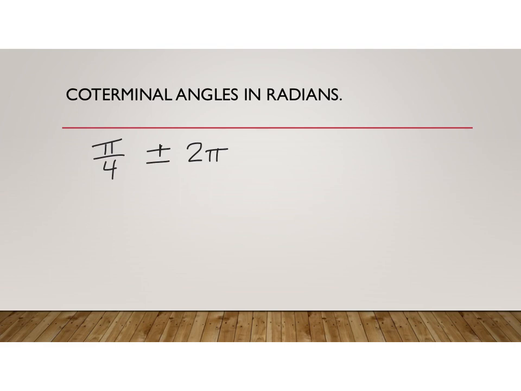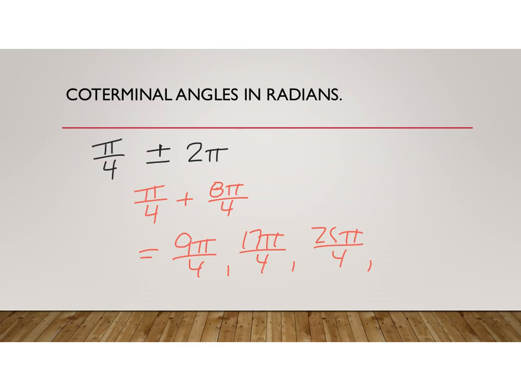But remember that to add fractions, you need to have a common denominator. So that 2 pi I could write as 8 pi over 4. And therefore my coterminal angles would be 9 pi over 4, 17 pi over 4, 25 pi over 4, and so on.